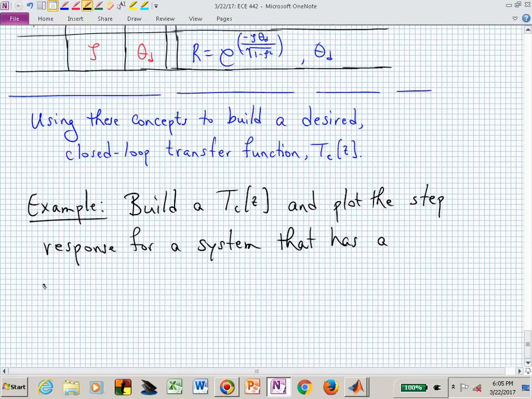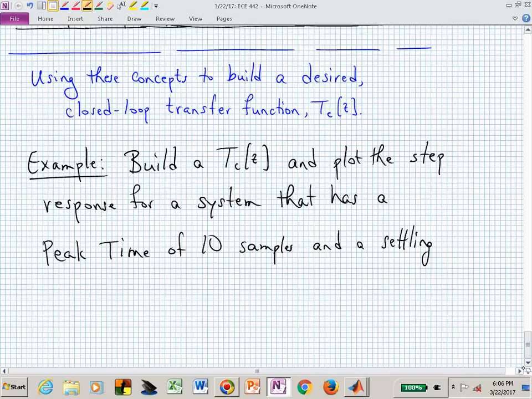Suppose it has a peak time of 10 samples and let's say a settling time of 30 samples.